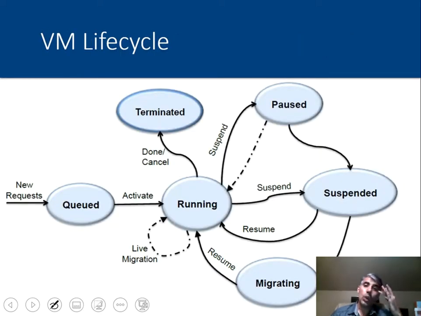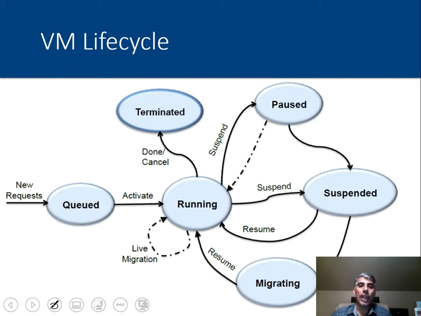All right. Those of you who have had an operating system course are familiar with the states of a process in an operating system. Similarly, we have a life cycle for a VM that is created in one machine.